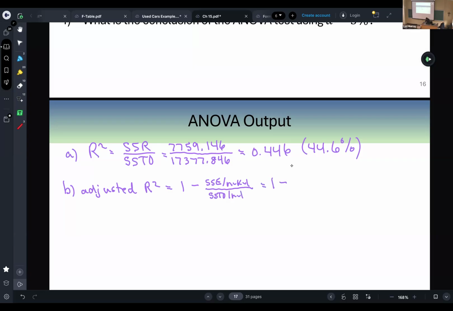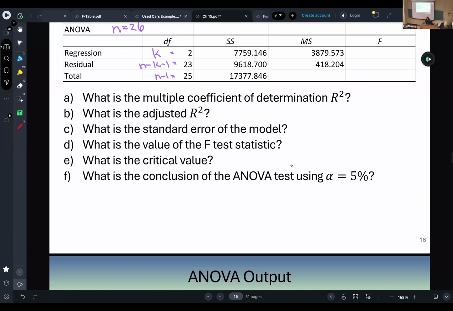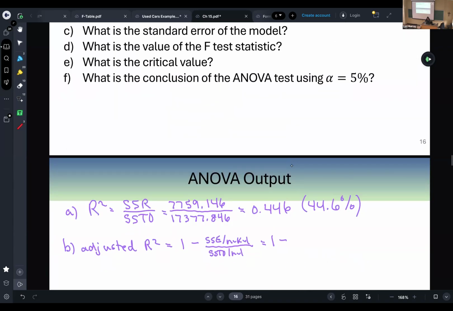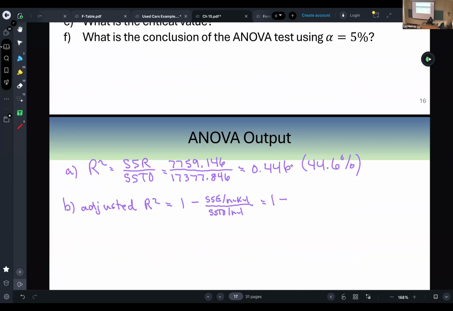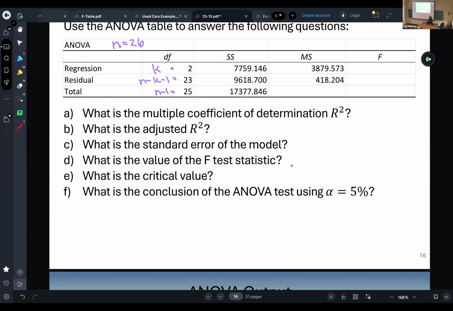So 1 subtract the SSE divided by n minus k minus 1, which should just be 418.204, right? Or I can fill it in: 9618.7 divided by 23. That should be the same as 418.204. It should be the same thing, right?